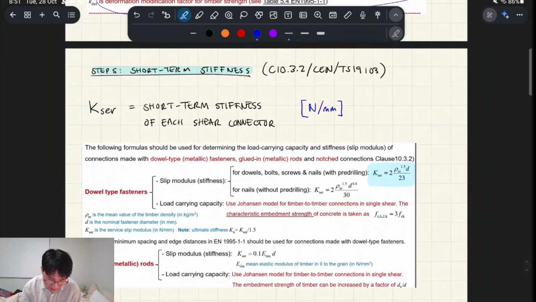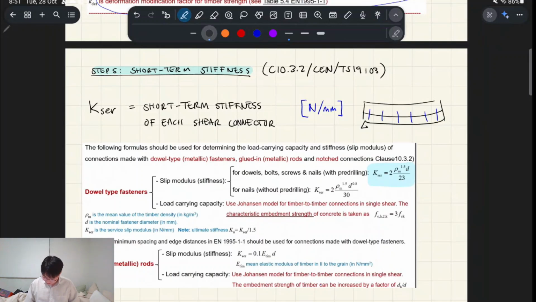And then next we find the short-term stiffness. So this is the stiffness of, okay, basically, if this is our beam, sorry, that's concrete, right? And that's timber, right? And then these blue things are studs.